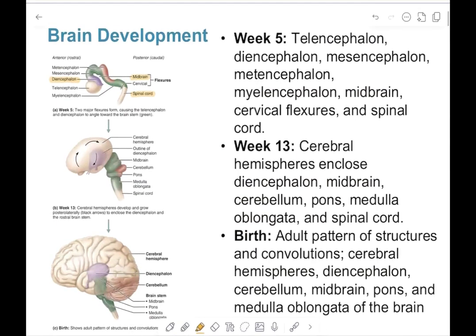We have the telencephalon, diencephalon, mesencephalon, metencephalon, myelencephalon, midbrain, cervical flexures, and spinal cord. But again, this is not an embryology class, so you're not going to learn the majority of the names, just diencephalon, midbrain, and of course, spinal cord.